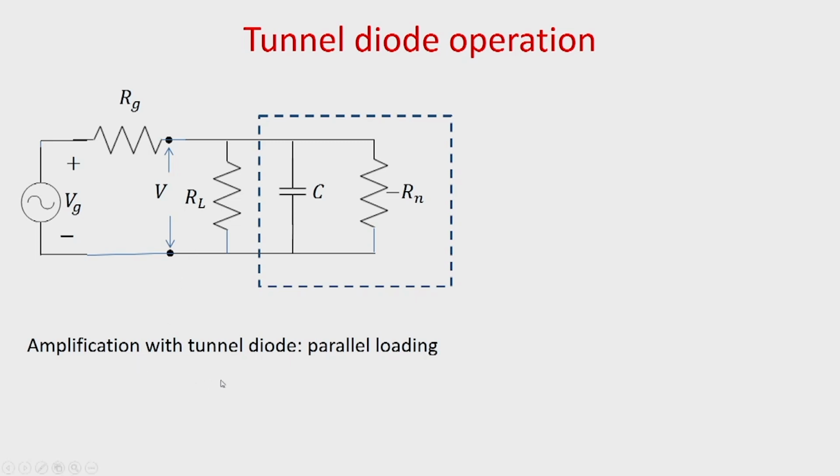Here we see the amplification with a tunnel diode when a load resistance R L is loaded with a tunnel diode in a parallel manner.